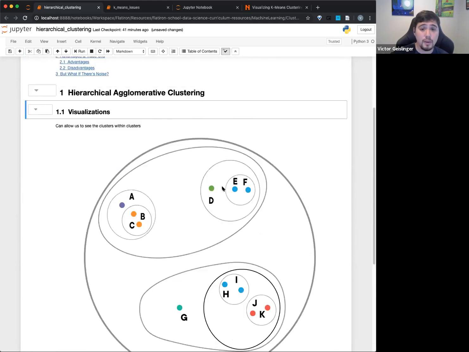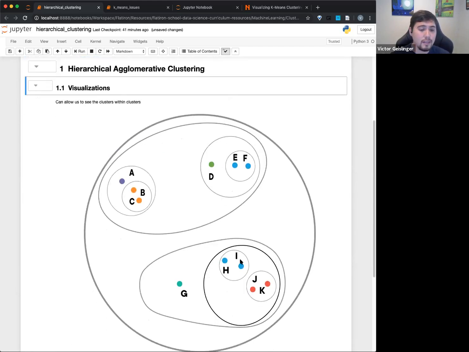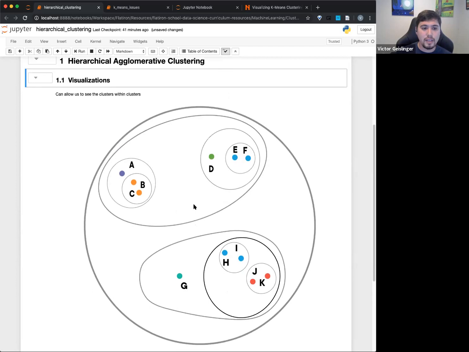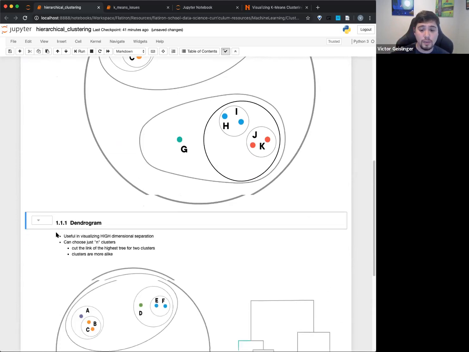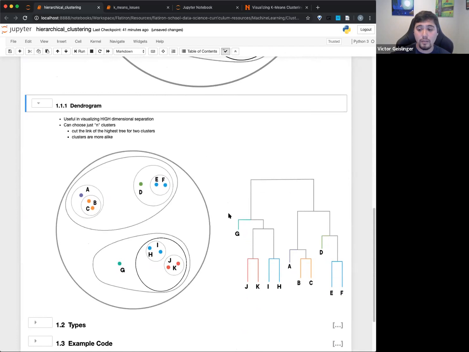What's also nice is that we can actually make visualizations. You can see here this is 2-dimensional data, which obviously relies on the fact that if we don't have 2-dimensional data, it's going to be really hard to visualize this. So we have this nice thing called a dendrogram, and a dendrogram basically allows us to plot out this extra hierarchy. This dendrogram on the right is from the curriculum, and I would say it's kind of a clustergram.